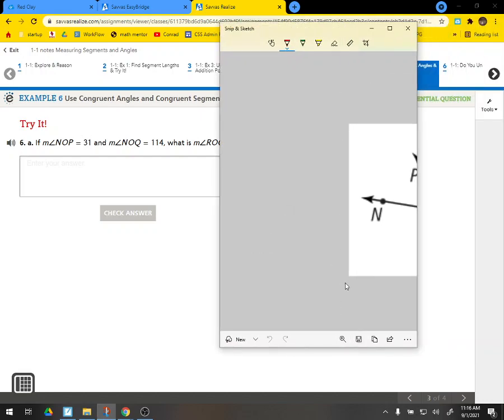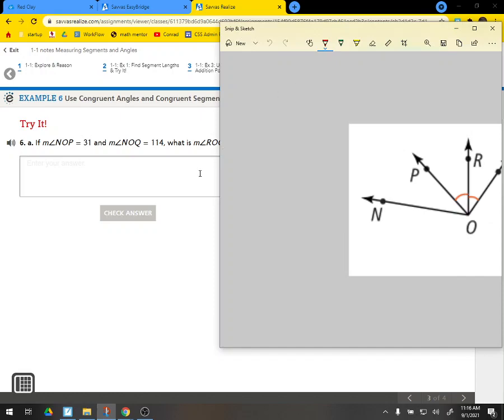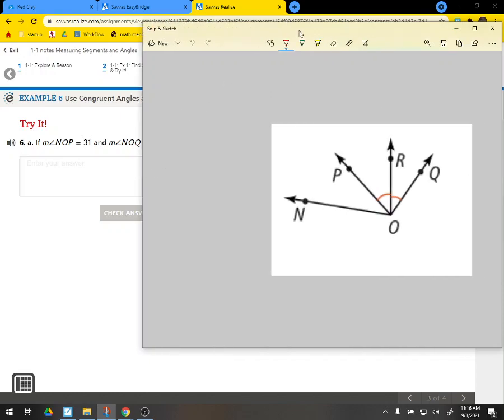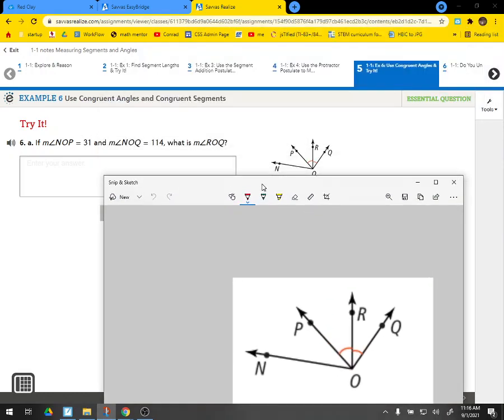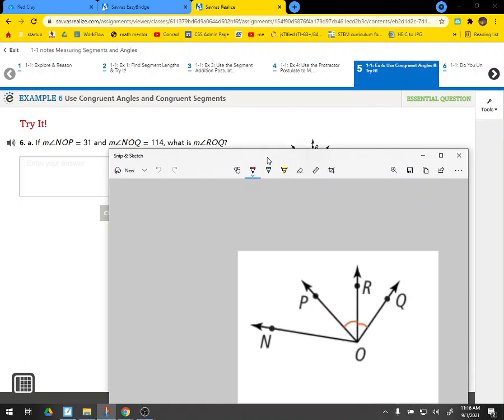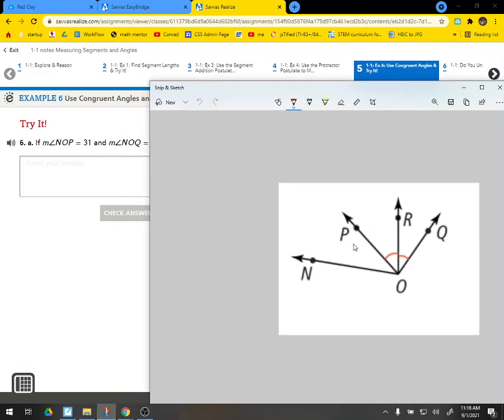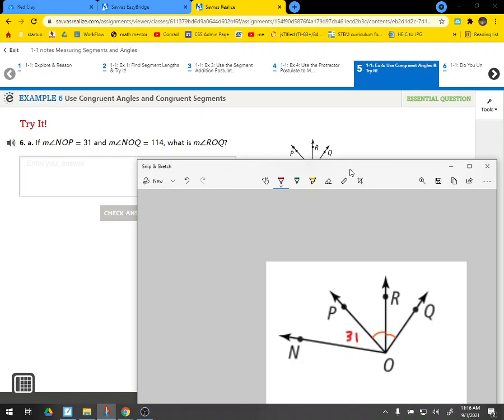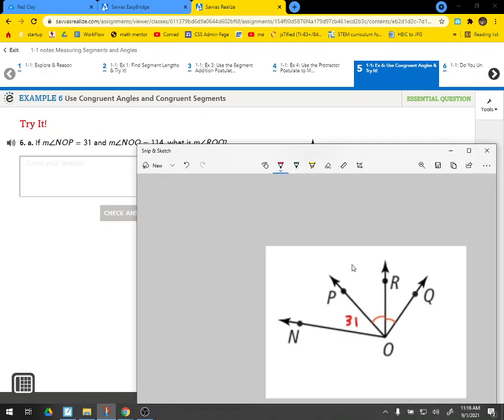Fine. I guess for some reason I have to show a lot on the side. All right, so NOP is 31. So this one's 31. NOQ is 114. Oh, NOQ is the whole thing. Okay. 114. What is ROQ?